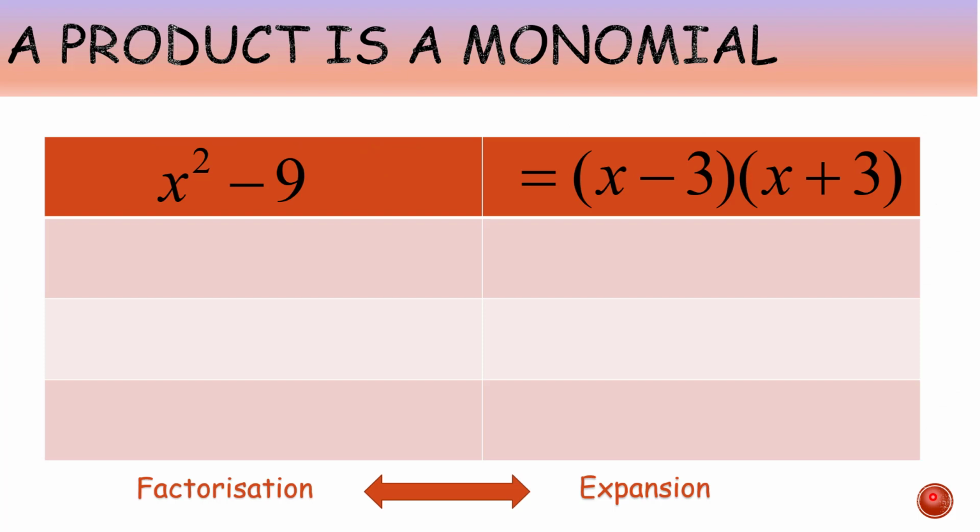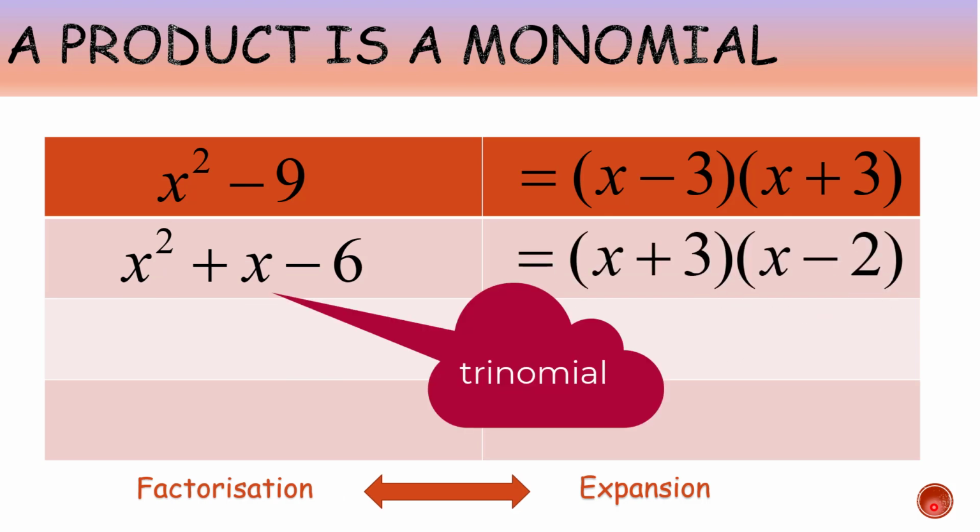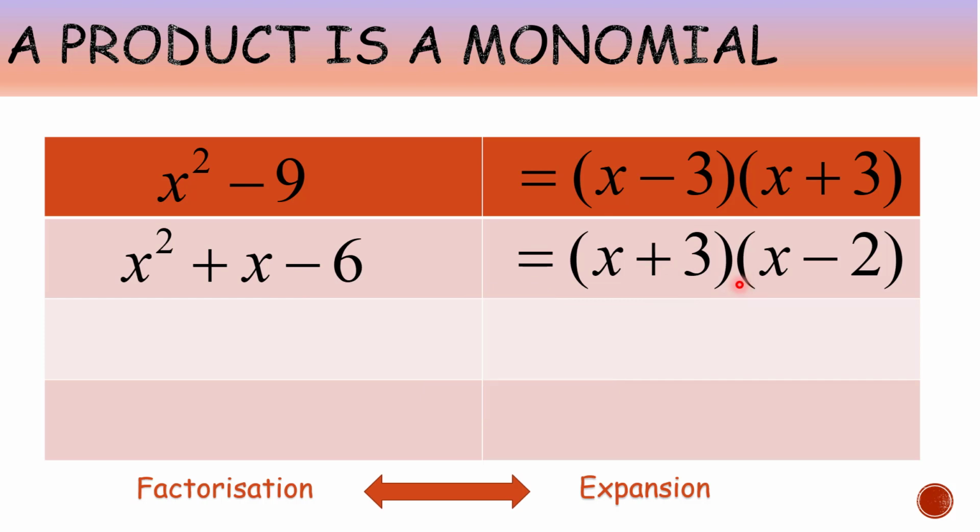Let's explore. On the left side, we've got a binomial, x squared minus 9. But x squared minus 9, as we already discovered, is equal to x minus 3 times x plus 3. So the right-hand side is a monomial, one term, or a product of two brackets. X squared plus x minus 6 is a trinomial, and that is equal to a monomial, two brackets that are multiplied by each other, so it's the product of these two brackets.